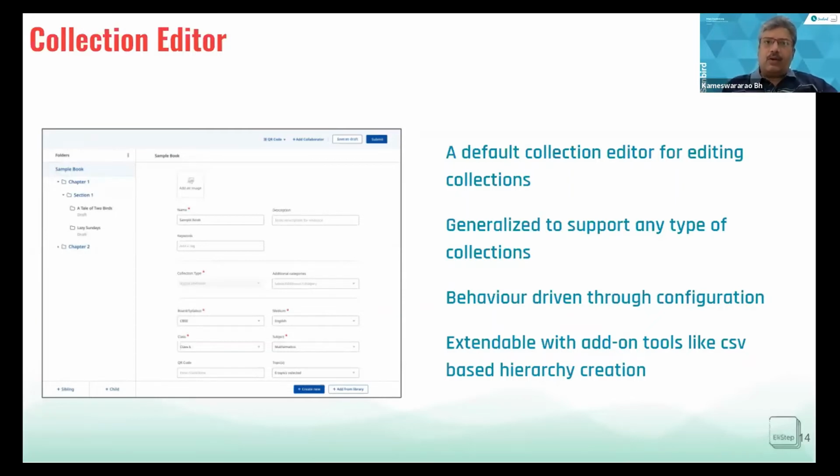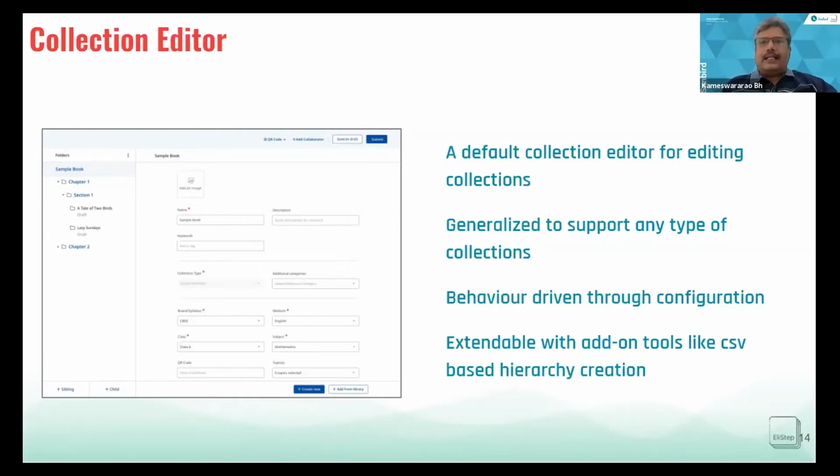And all the behaviors that we have seen, like how many hierarchy levels it can have, what type of assets can be linked, and so on, is completely driven by the configuration only. And it also has different functionalities, like you can search and add existing assets, link existing assets. You can create a new asset and then link it automatically, etc.